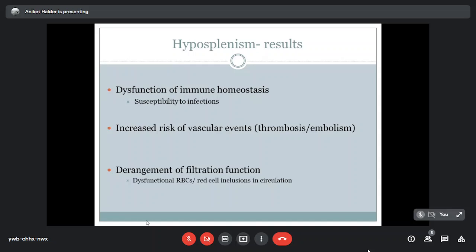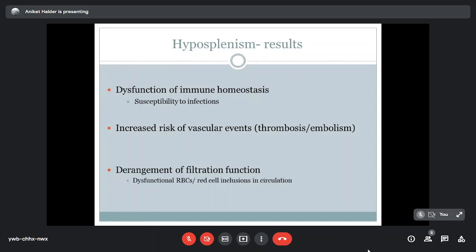The senescent RBCs, the aged RBCs, as I had said, are normally removed by the spleen and by the splenic macrophages, but in cases of hyposplenism, these damaged senescent RBCs will enter into the circulation. They will be trapped in different areas of the microcirculation, and by activation of the platelets, they will cause different thrombotic events.